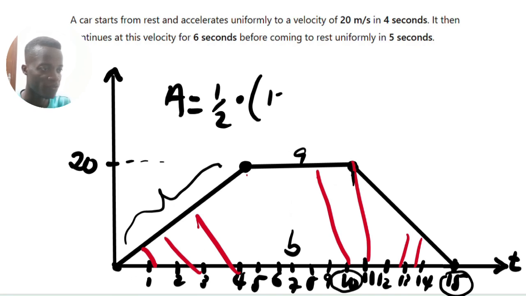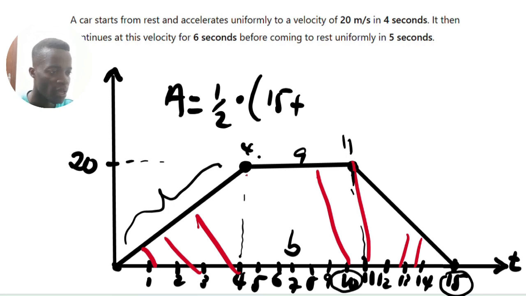So B is 15 plus A. So this side, I think, is 11 to 4. So 11 to 4, right? 11 minus 4 is going to give us 7.